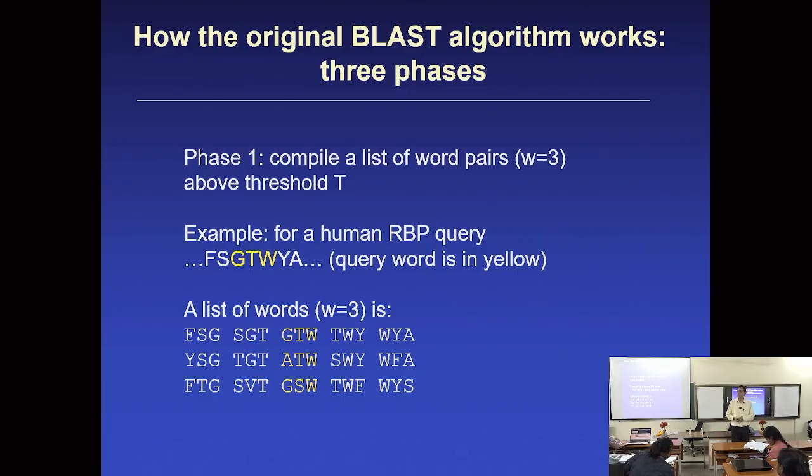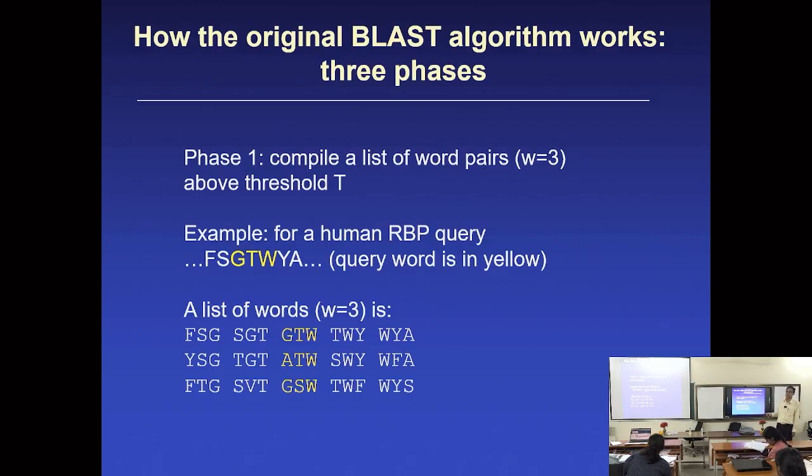On the other hand, you know that sequences evolve, so you would want to tolerate some mutations, okay? If you tolerate one mutation, then you would consider, for example, ATW, which is just one mutation at the first position of this word. You may also consider this a hit, because you are tolerating one mutation, okay?